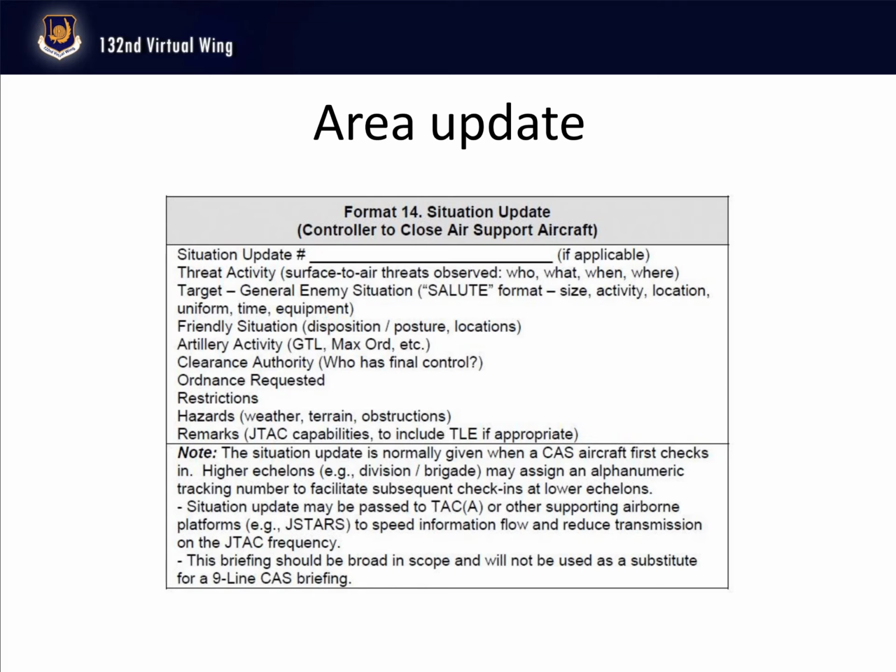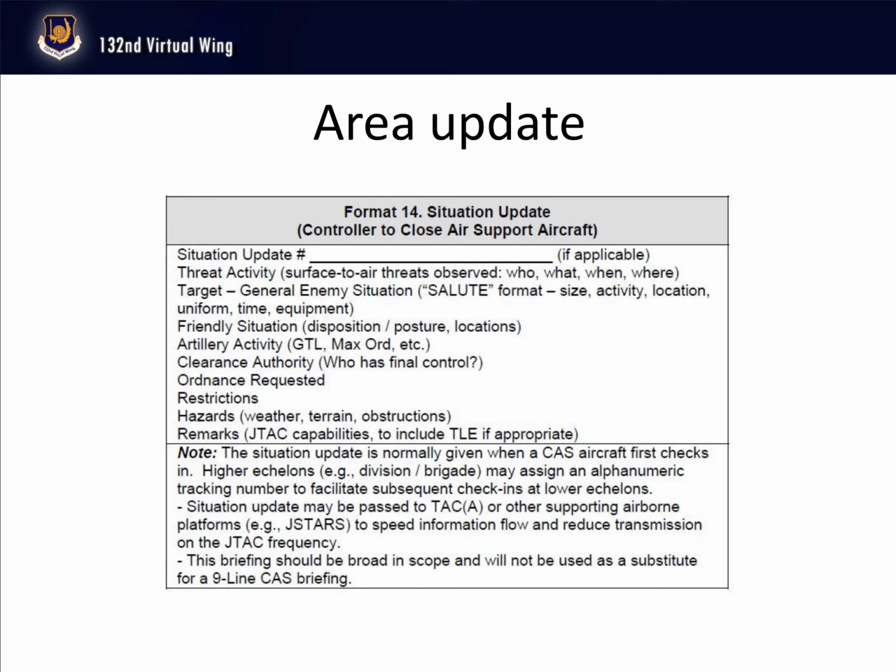What's not shown here is the general situation and the ground force commander's intent, which we always give. The situation can be, for example, friendlies are defending against an enemy attack from the east. The enemy has two battalions.